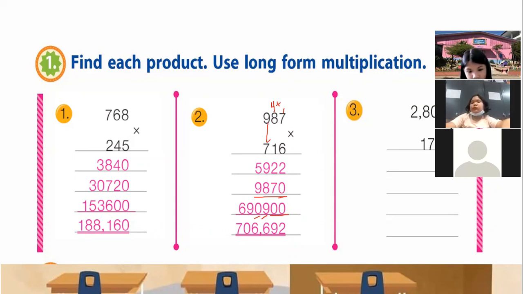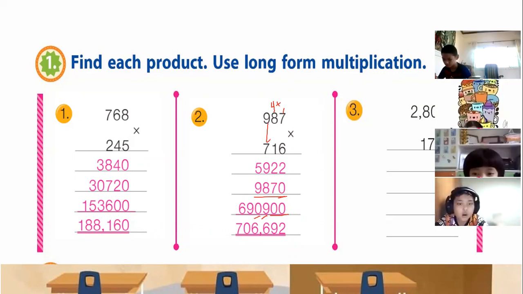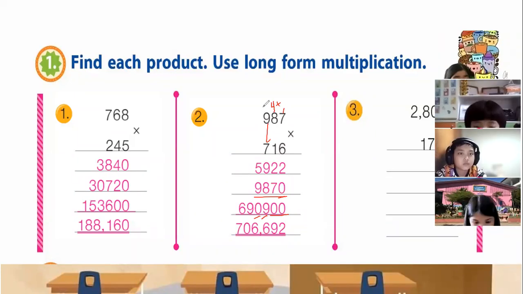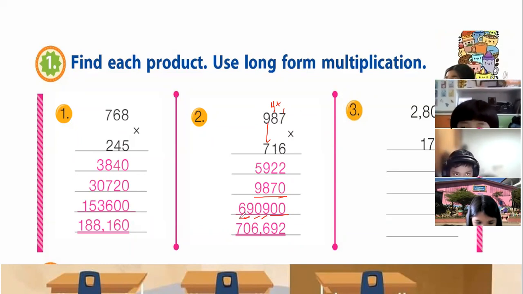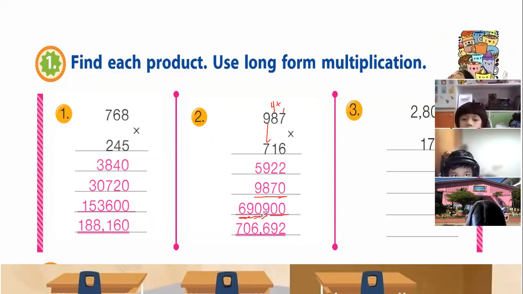Can you answer me please? 7 into 9. 7 into 9 becomes 63. 63 plus 6 carry over here at the 100 place. That means 69, right? So that means our product we have, 700s into 987 is 690,900.